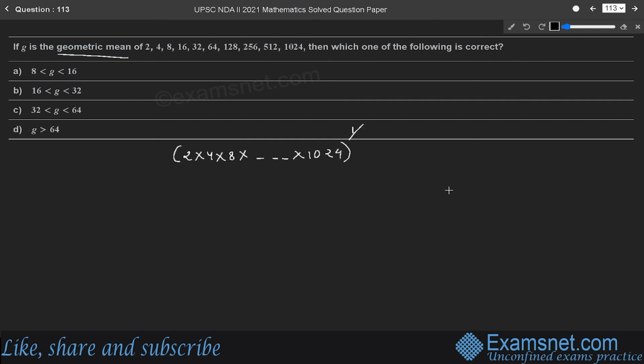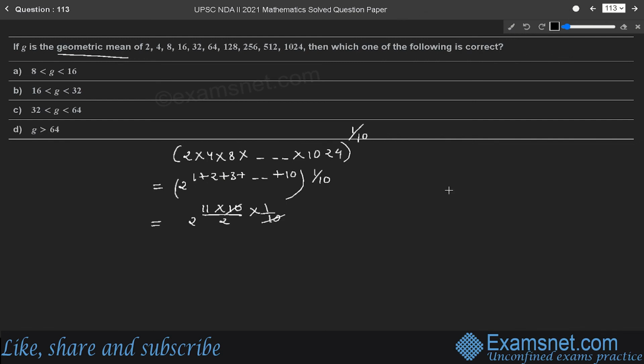It can also be written as 2 to the power (1 plus 2 plus 3 plus so on up to 10), and the whole power is 1 by 10. Now you can see that this is an AP. Therefore, it will be 2 to the power (11 into 10 by 2) into 1 by 10.